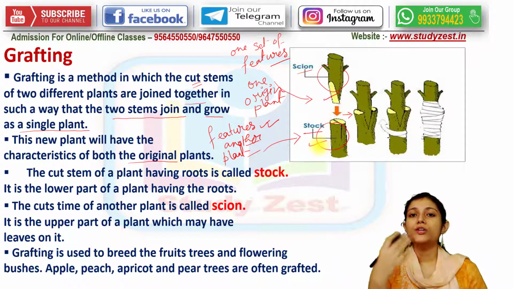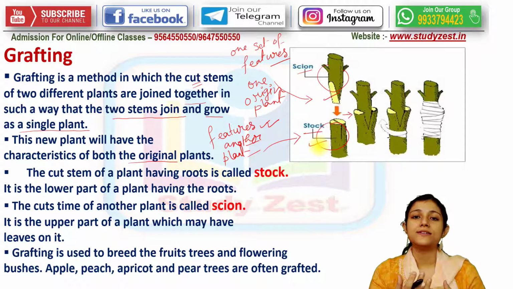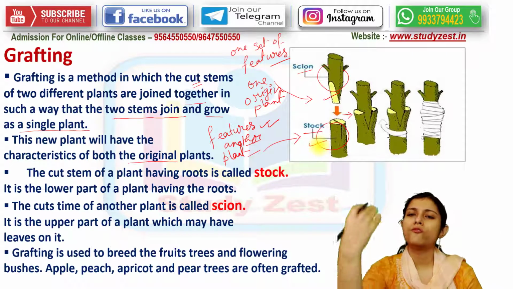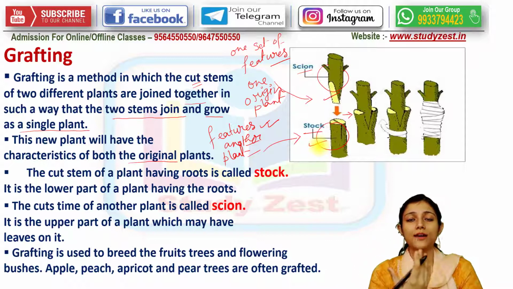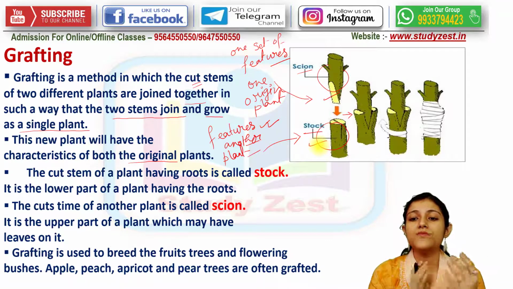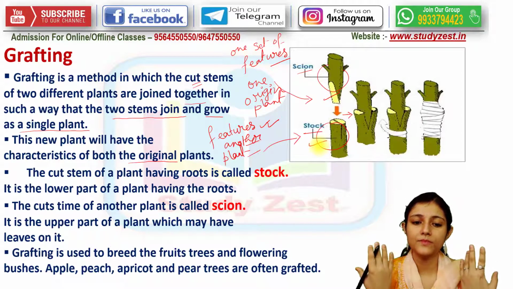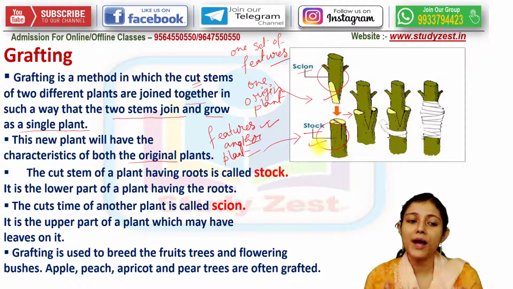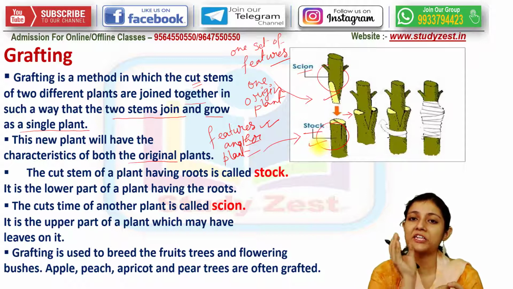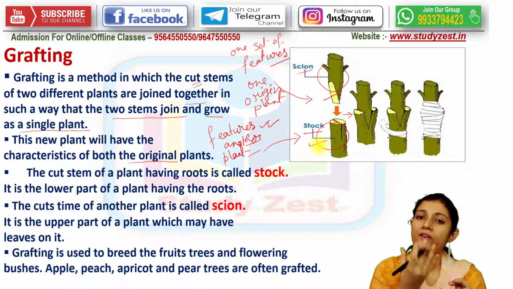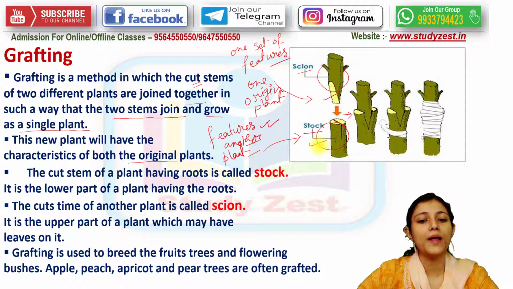So the newly formed plant will show a combination of features. Some features will come from one plant and some other features from the other plant. That's why both the original plants will have partial expression of their characters in the new plant.